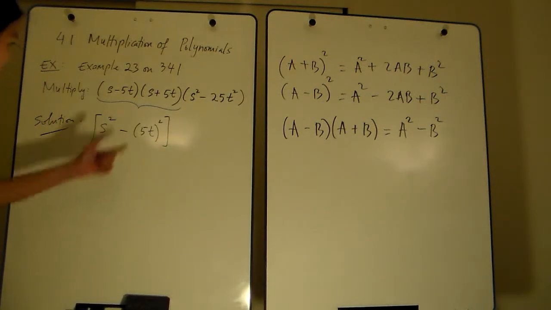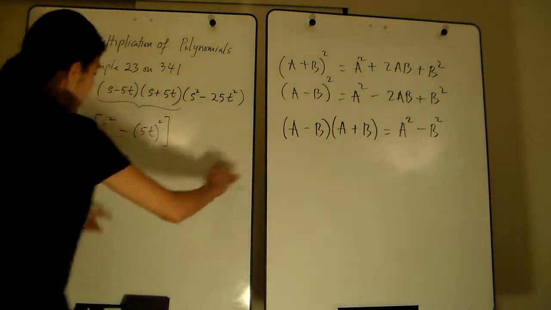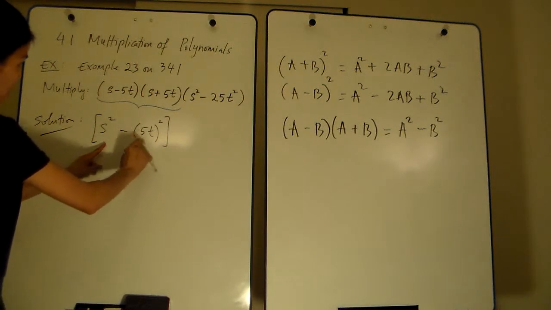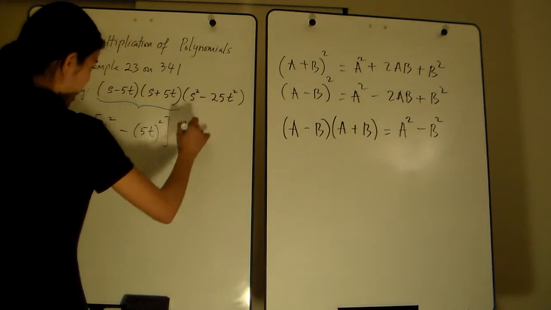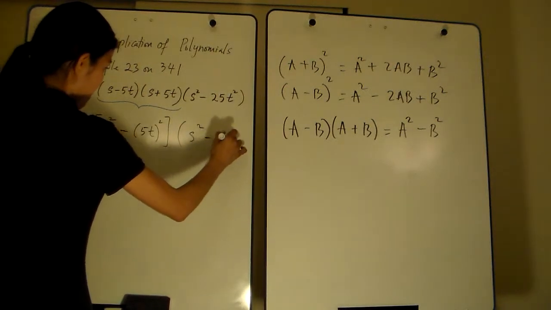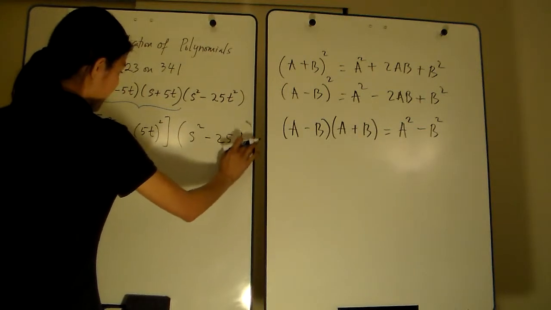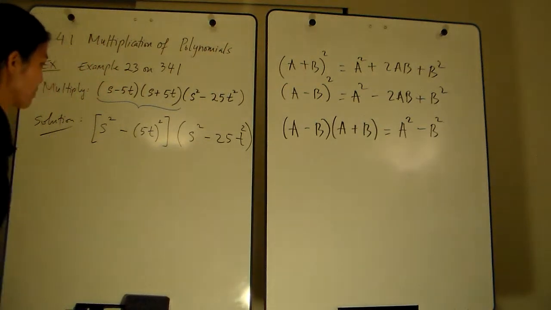So these two binomials, using this formula, you get this. S squared minus 5t squared. Don't forget this term right here. S squared minus 25t squared.